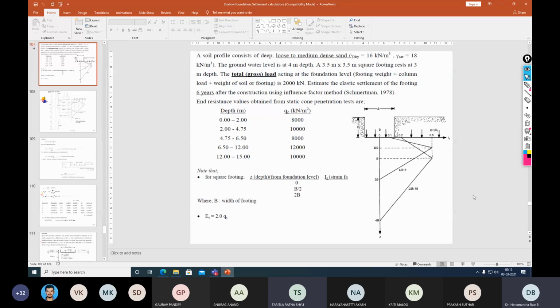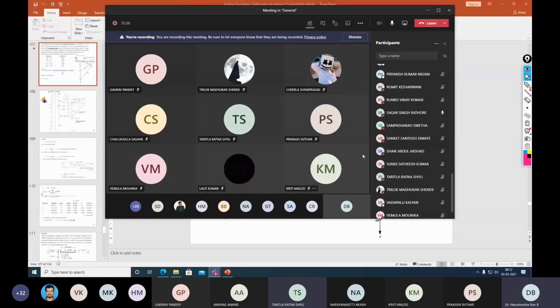So among these two, which one shall we use? And by using that strain factor, we will find out the immediate settlement.